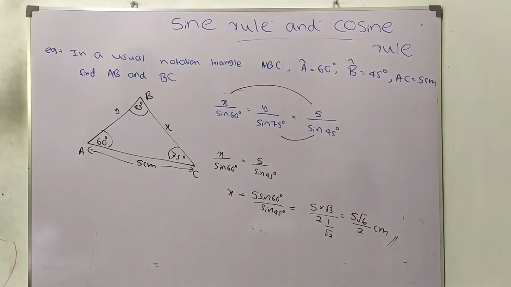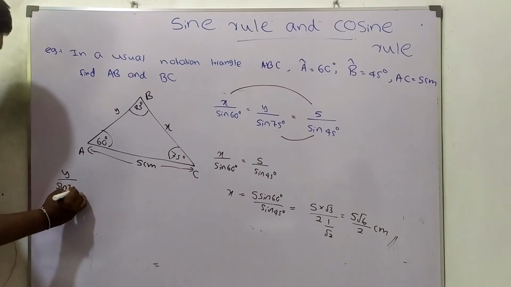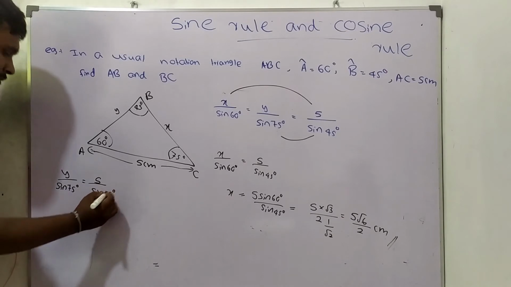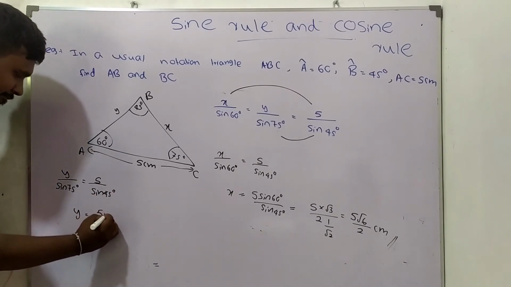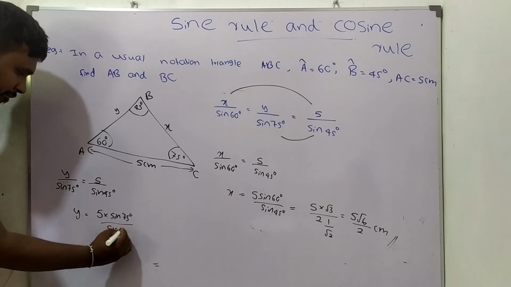Similarly, you can find the y side: y over sine 75 equals 5 over sine 45, so y equals 5 sine 75 over sine 45.